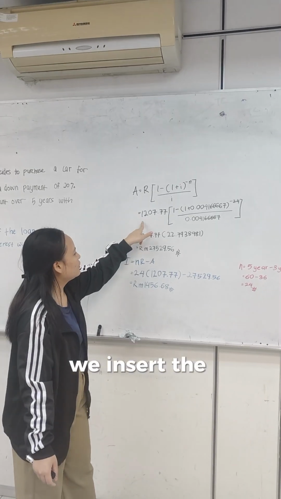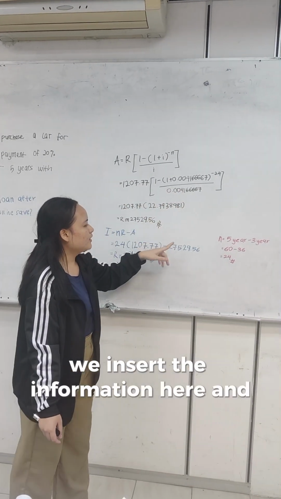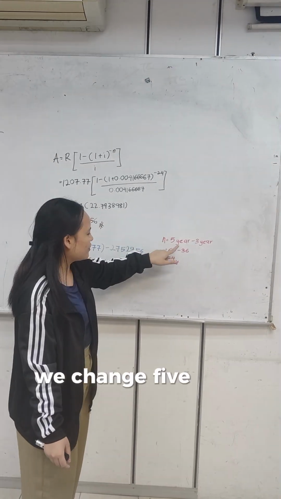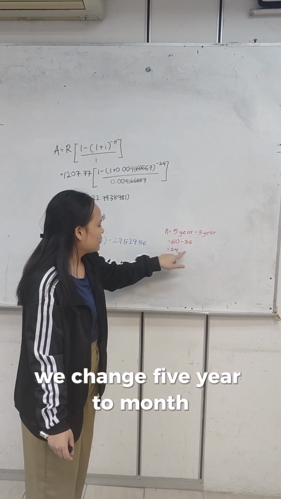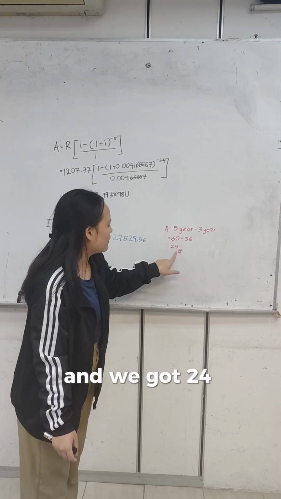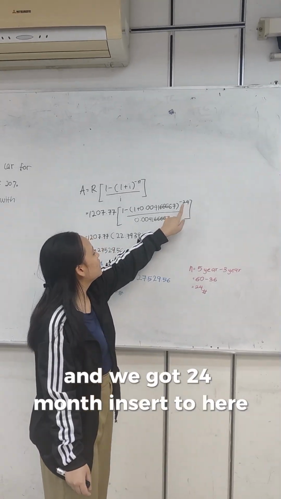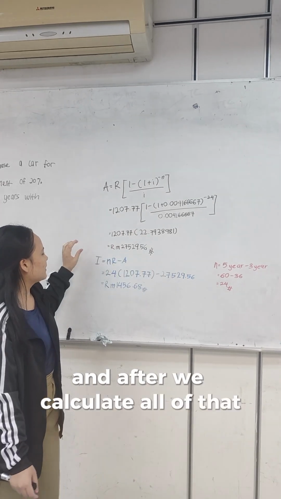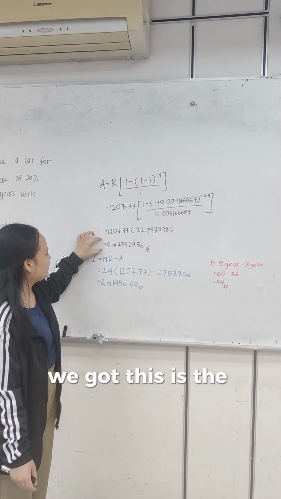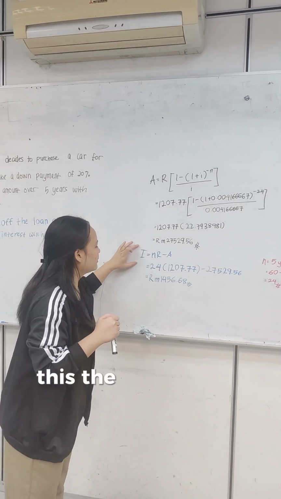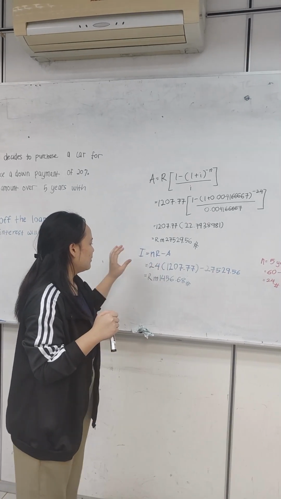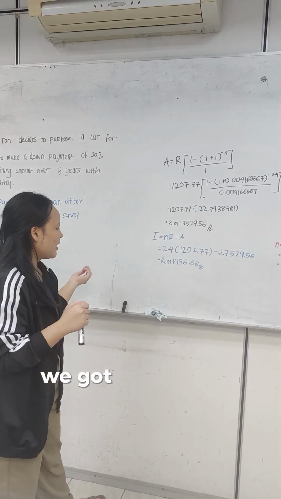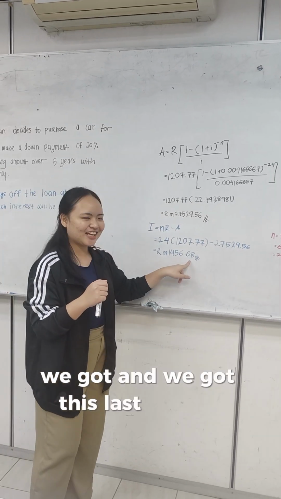We insert the information here, and we change 2 years to months, and we got 24 months. Insert to here, and after we calculate all of that, we got this final answer. This is the formula for interest. We insert all of the numbers that we got, and we got this last answer.